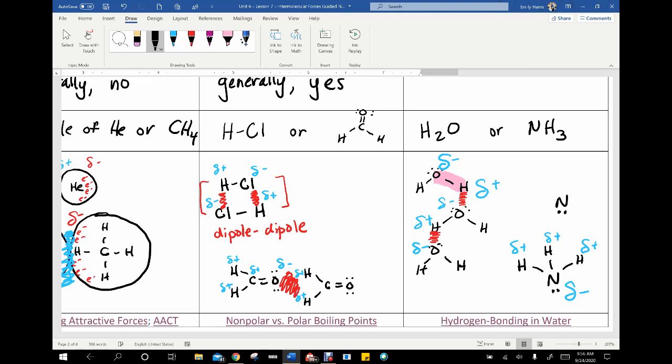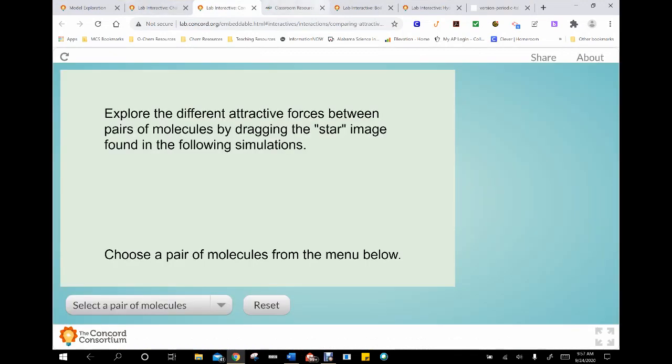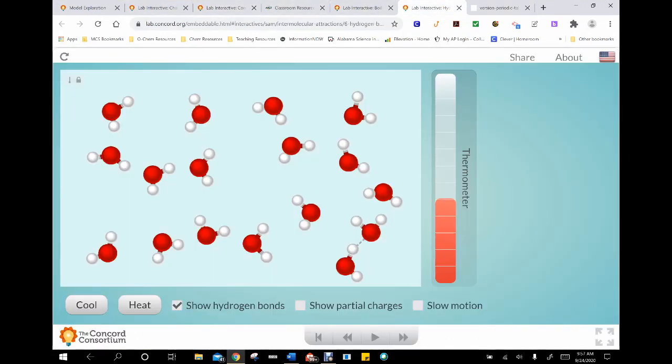If another NH3 molecule is in the container, the lone pairs on that NH3 will be able to interact with those large partial positives on those hydrogens. And so it's those large partial positives along with the lone pairs that create this really strong interaction known as a hydrogen bond. And so I want to take you to a quick simulation to illustrate this right quick. Let's see, here it is.